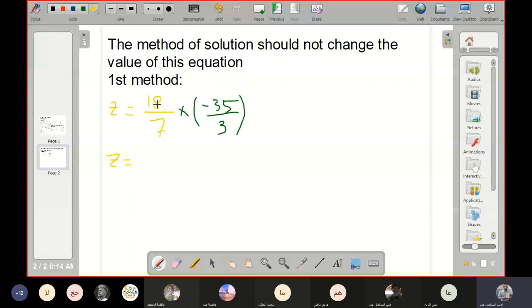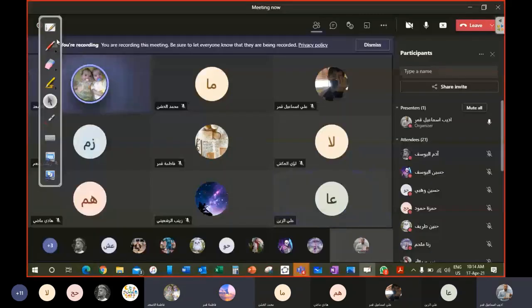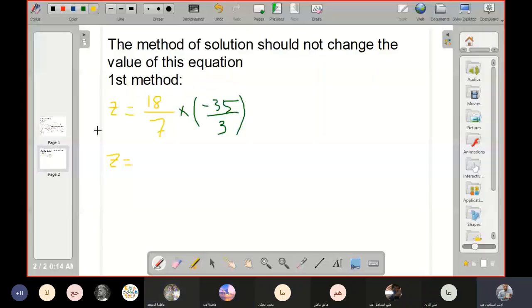These are two fractions multiplied by each other. As the rule says, how do we multiply fractions? نضرب النيوميريتور بالنيوميريتور والدينومينيتور بالدينومينيتور. Very good. We multiply the numerator by the numerator: 18 times minus 35 over 7 times 3.